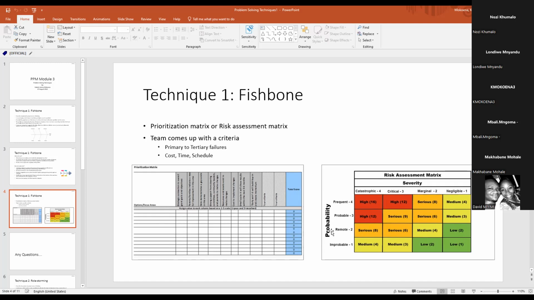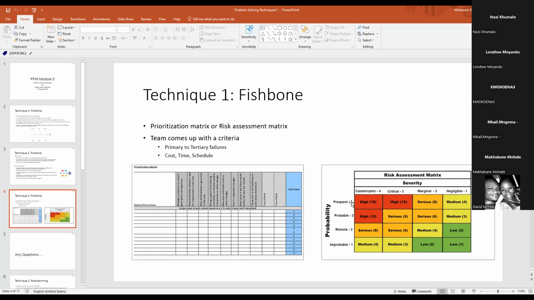This one can work mainly when the cause has not happened yet, but you preempted. So you look at the probability and you look at how catastrophic or how severe the cause would be to the whole problem. So if it's more probable and also severe, it will get the highest rating there.